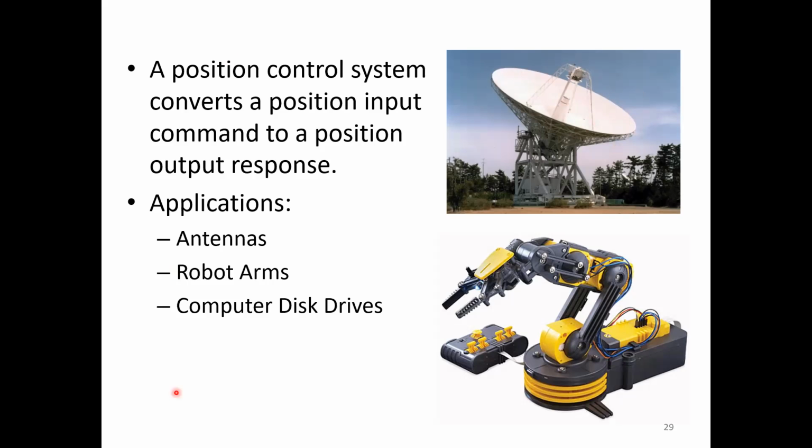These are the robot arms, and computer disk drives, meaning the hard drive. A hard drive is also a position control system because position is changing whenever you read or write data. The position control system converts the position input command to a position output response.